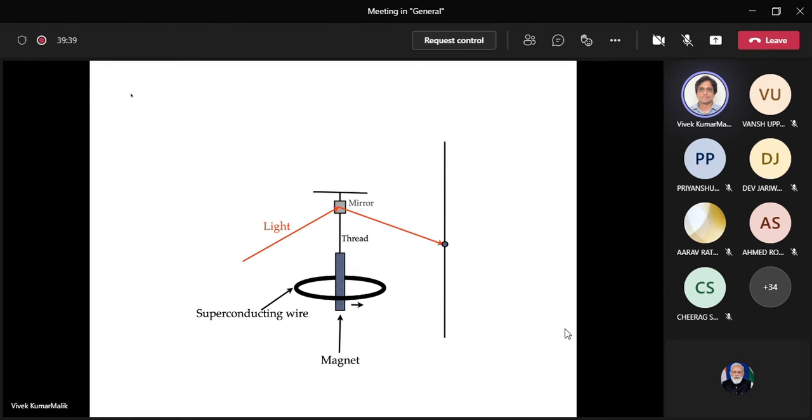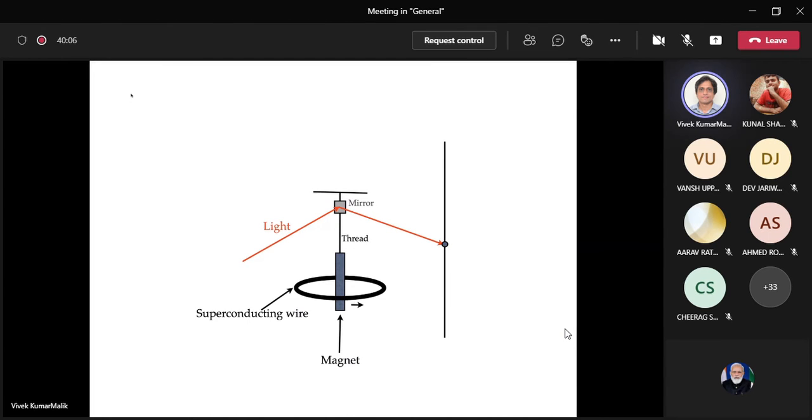Now, if it's moving in the persistent mode, that means it's moving in a loop and it's not changing, then the magnetic field produced by this loop would not change. Hence, the torque on the suspended magnet would not change, and that means the place of the spot on the wall would not change as a function of time.